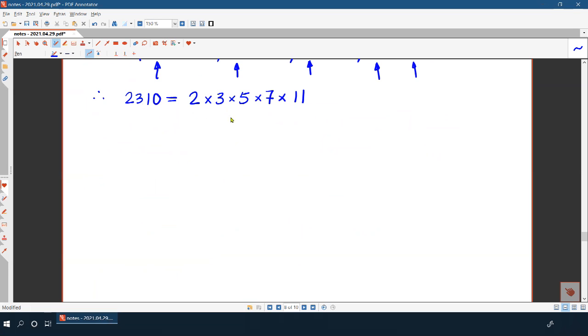Or if we pick any two numbers, the product of those two numbers is also a divisor of 2310, right? Or if we pick any three numbers from the prime factors, the product of those three numbers is again also a divisor of 2310, right?